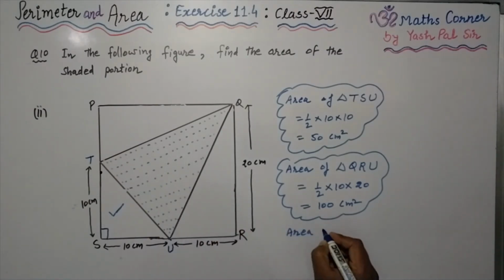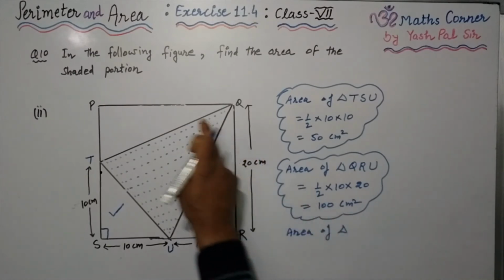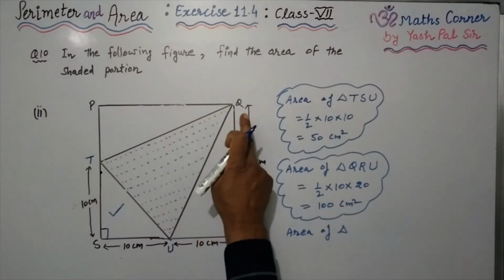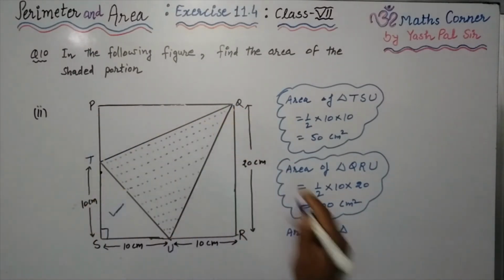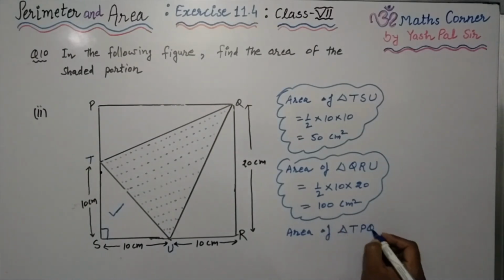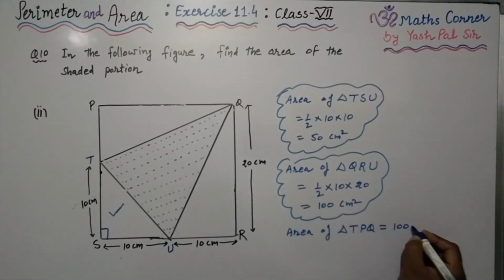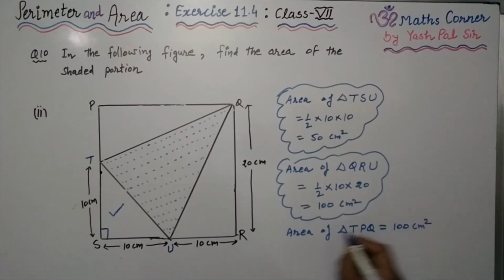So area of triangle TPQ is also equal to 100 centimeter square.